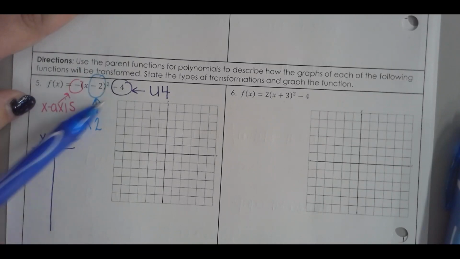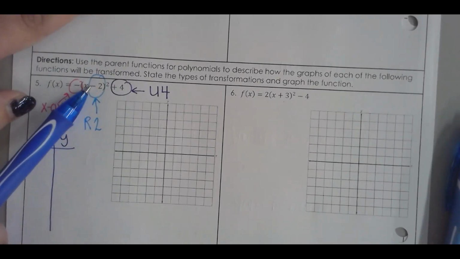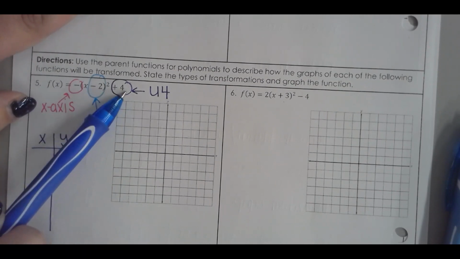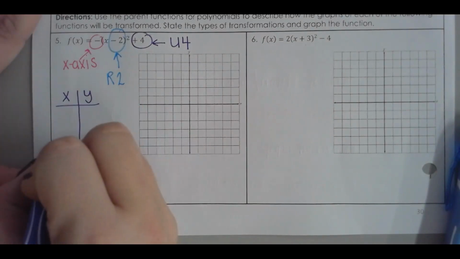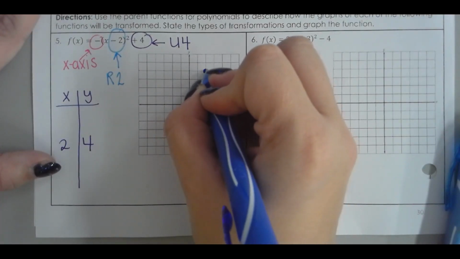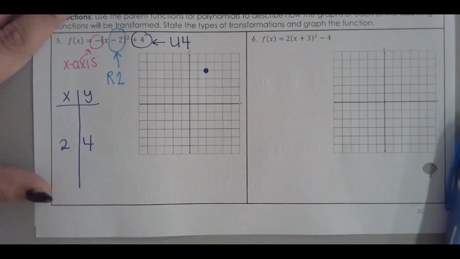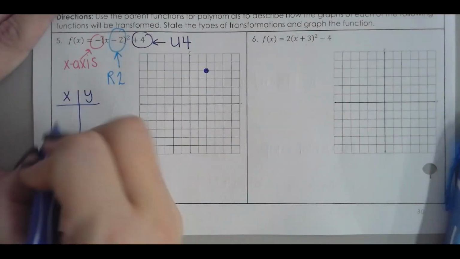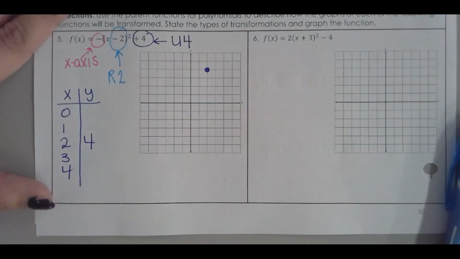Okay. And then in unit 5, the quadratics unit, we looked at this and said, okay, well, the vertex is the opposite of this number and then that number, 2, 4, right? So what we're going to do to graph this, we know that the vertex is 2, 4. I would just go and get a few more points is what I would do.